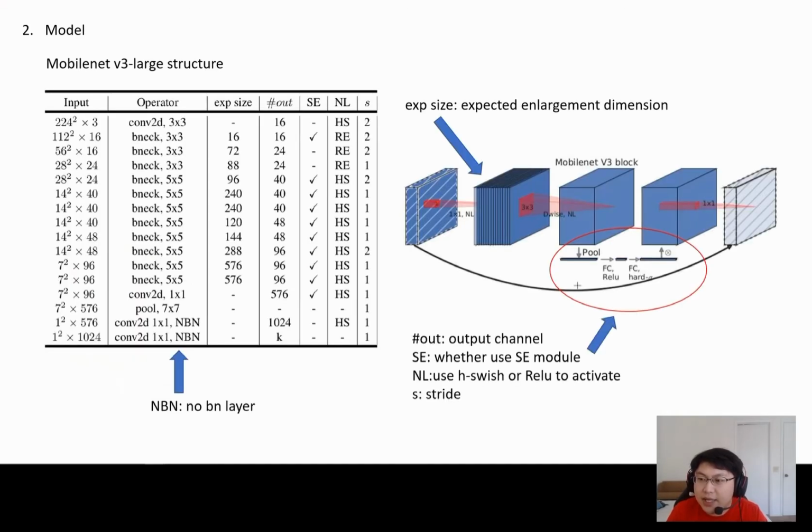Here's the MobileNet version 3 large structure. It also has a small structure. I've illustrated each part of the whole network. Now I can introduce the network I used in the Kaggle competition.